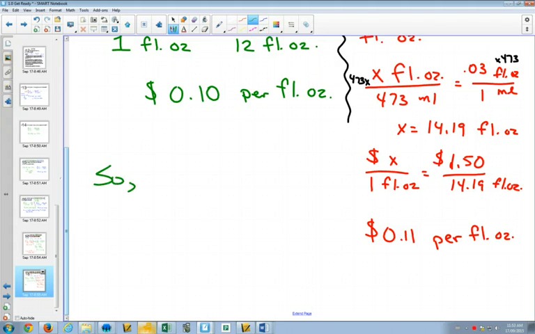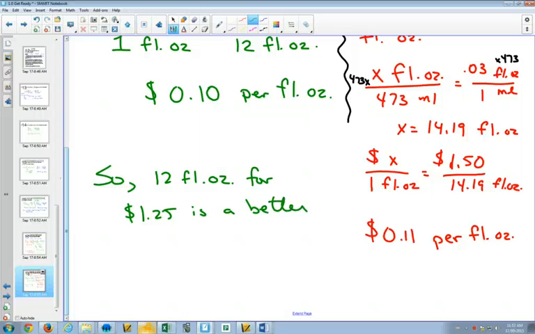So the green one is better by a tiny little bit. So buying 12 fluid ounces for $1.25 is a better price.